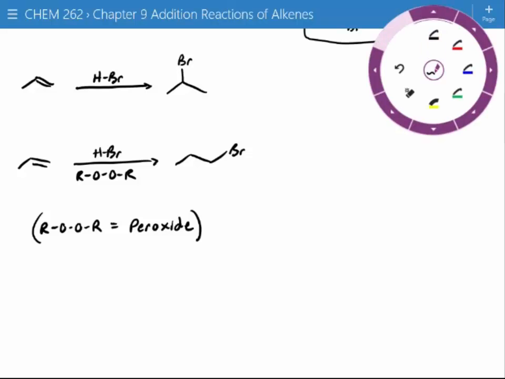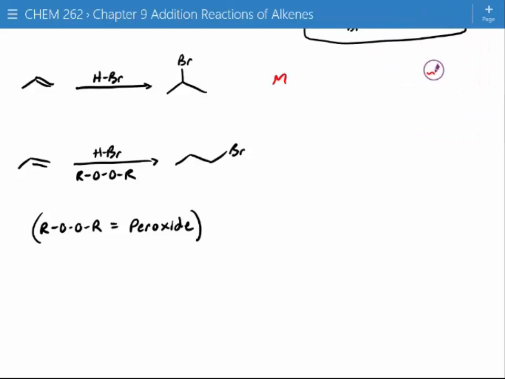So in this top reaction, we observed a Markovnikov addition. In the bottom reaction, if you inadvertently or purposely add peroxides to this reaction, you can actually get the bromine to add in the opposite position. So this is called anti-Markovnikov. And all anti-Markovnikov addition means is that the bromine in this case actually adds to the less substituted side of that double bond.